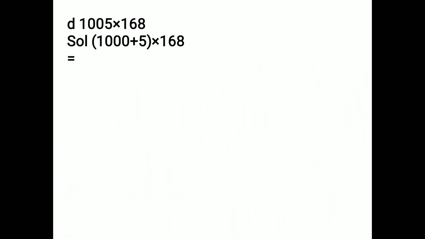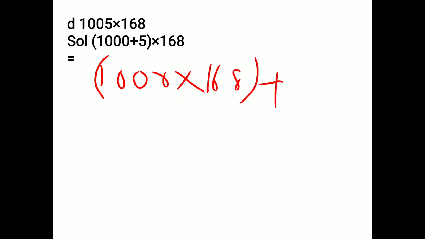Now we do D part. Here 1005 is written in the starting, so firstly we expand that. So now you have to multiply 1000 with 168. Put a bracket, plus you have to multiply 5 with 168. Clear?